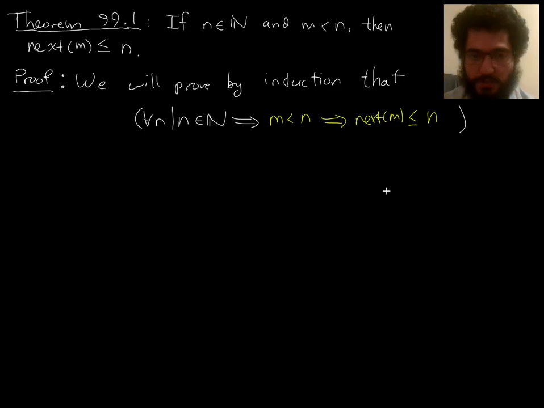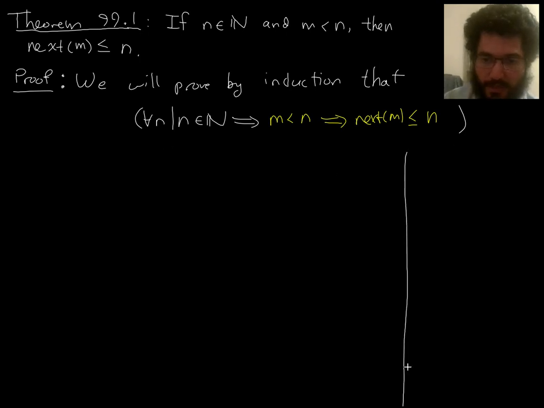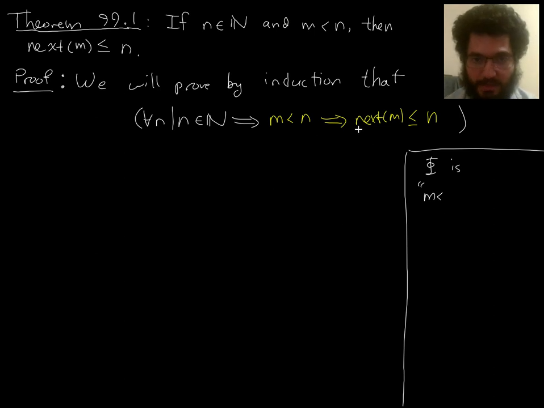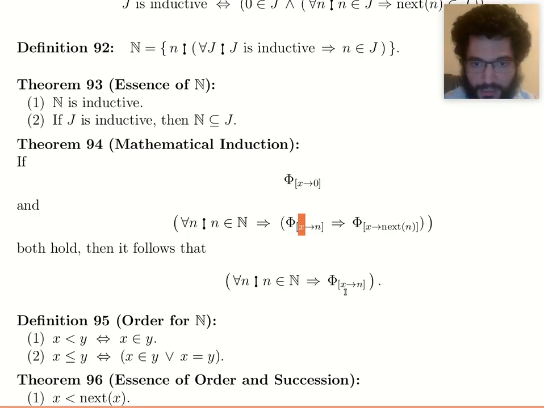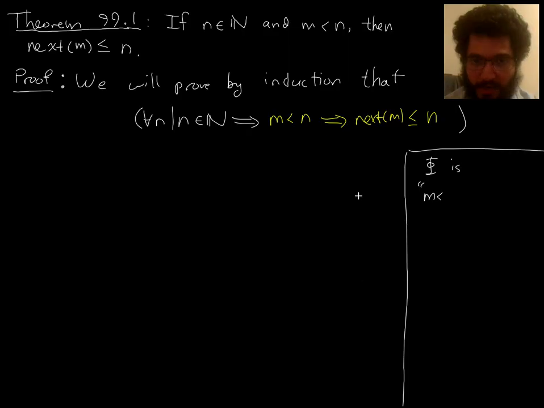So what's really my phi here would be, let me write it in kind of a scratchwork zone. Phi is m less than, so what is it that's going to get replaced? This thing in yellow is supposed to be phi with x replaced by n. So I'm going to put x's there so that they can get replaced by n.